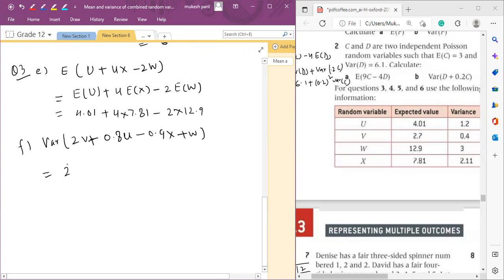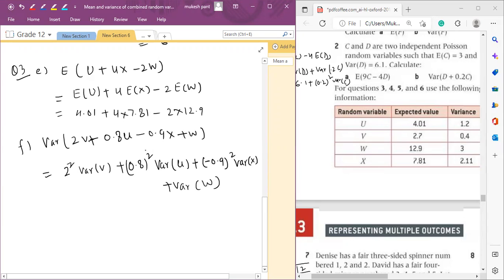So square of 2 and the variance of V, plus square of 0.8 and the variance of U, minus, not minus, please be careful, plus square of negative 0.9 and the variance of X, and plus the variance of W.